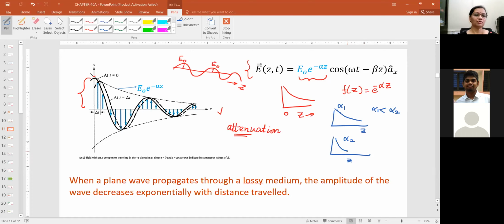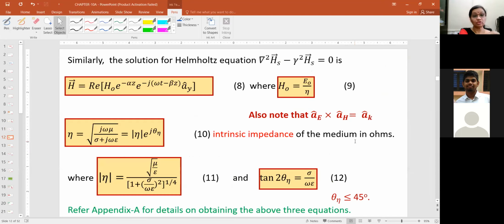So there also we talked about something called a damping factor. There, the damping was of the displacement of the wire or the string. Same concept. So here, it is the displacement of the electric field, the electric field that is getting damped. Okay, same ideas. So that means this alpha has some significance.